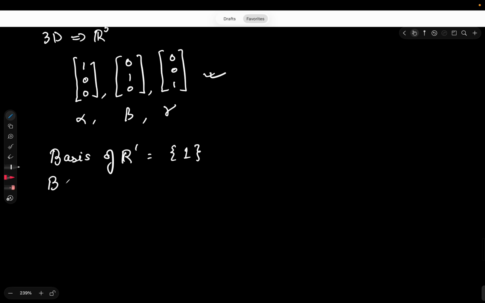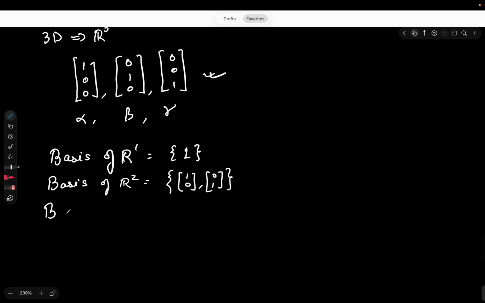The basis of R2 can be 1 0 and 0 1. So with 1 0 and 0 1, we can get or deduce any vector on the R2 plane.